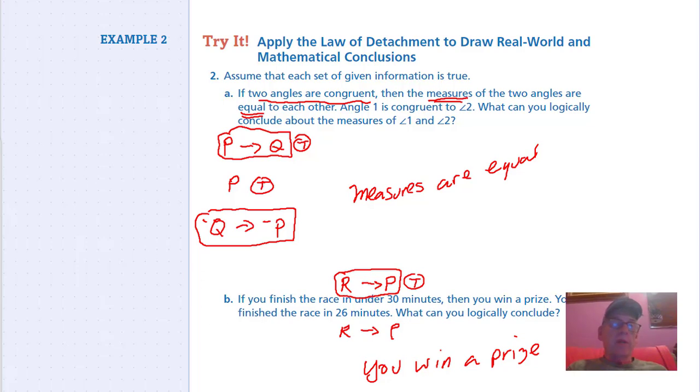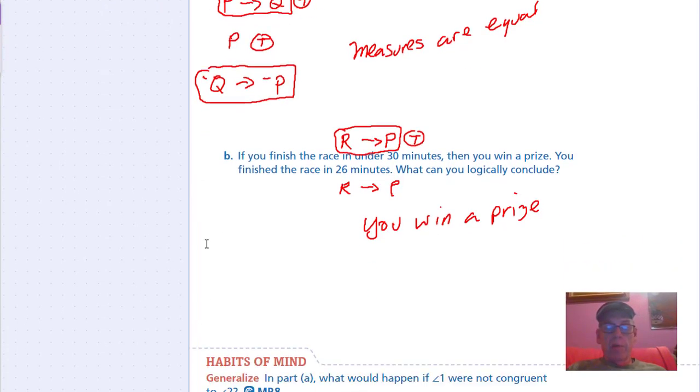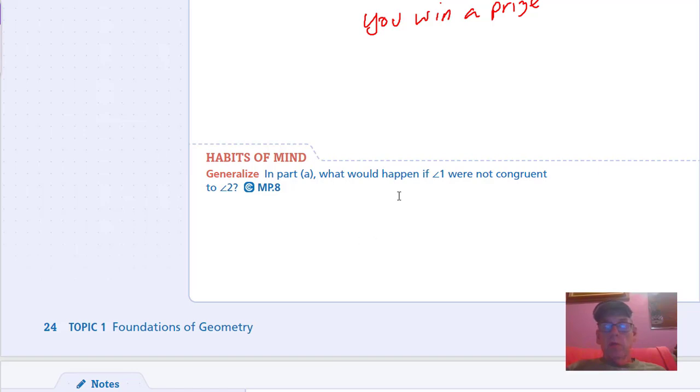That applies to this habits of mind question. We would be able to say that if the angles weren't congruent, then their measures would not be equal.